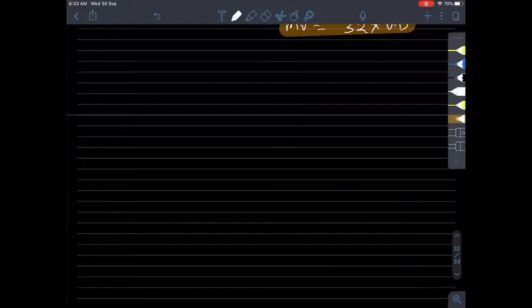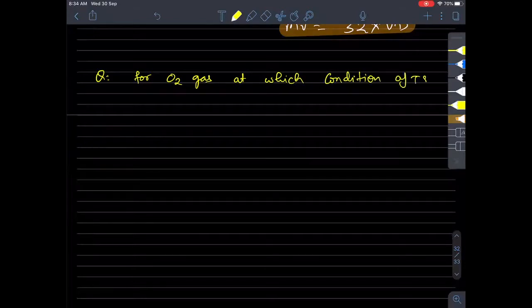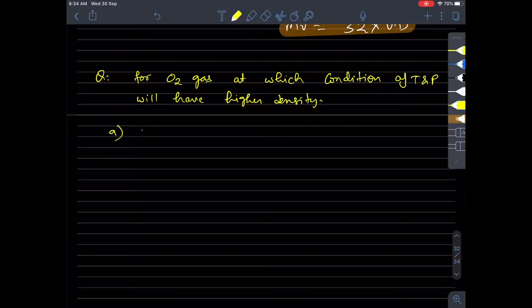Okay, so I will ask a small question and finish this topic. For O2 gas, at which condition of T and P will it have higher density? Option A, NTP.